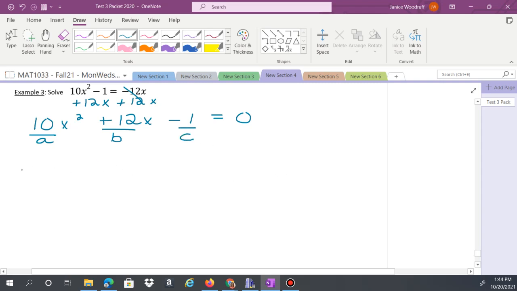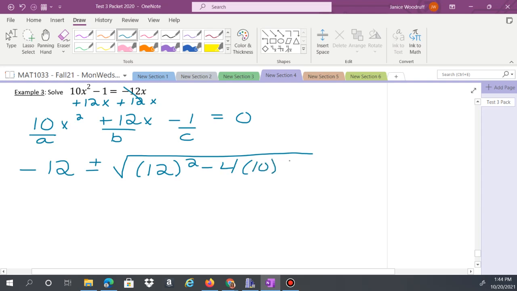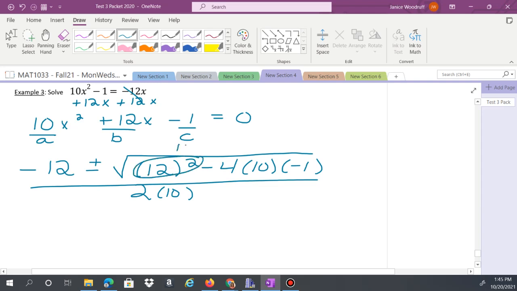So if I plug this in, I have negative B, so negative 12, plus or minus square root of B squared, so 12 squared minus 4 times 10 times negative 1, over 2 times A, so 2 times 10. Okay, what's 12 squared? 144.